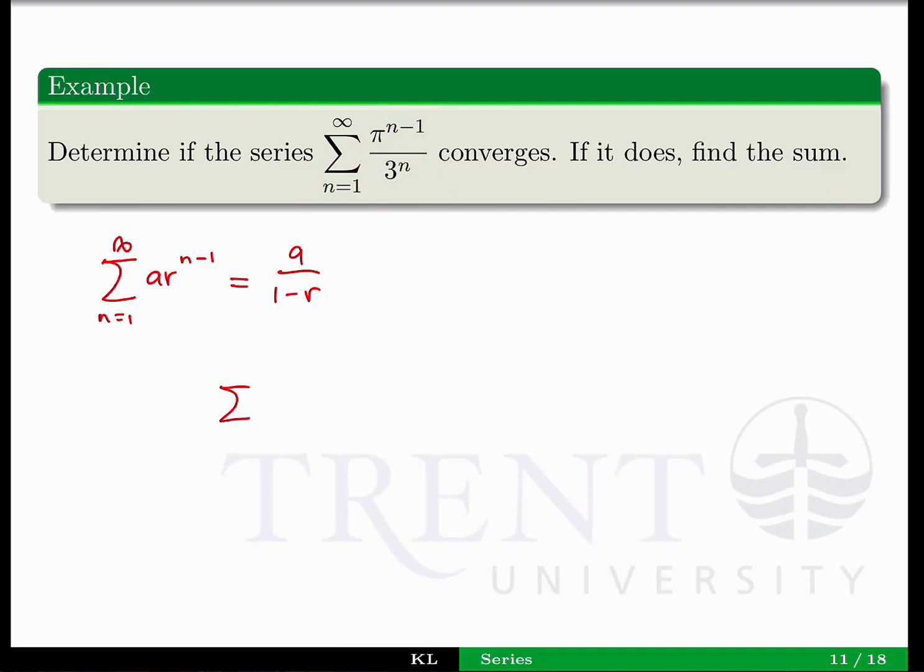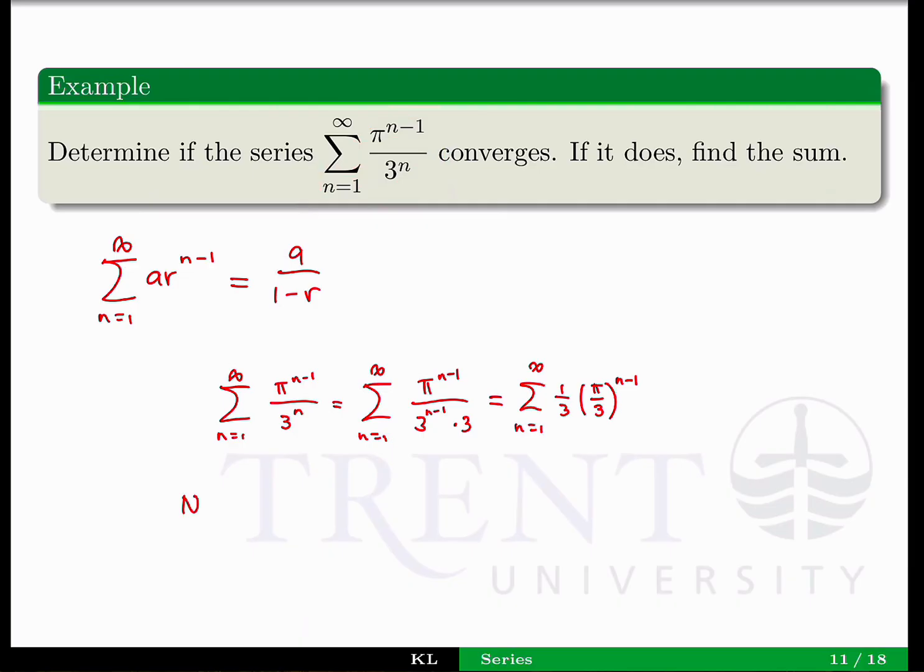What I'm saying is we can write pi to the n minus 1 over 3 to the n, from 1 up to plus infinity as sum here, pi to the n minus 1 over 3 to the n minus 1 times 3, from 1 up to plus infinity. Or we can write this as the sum from 1 up to plus infinity of 1/3 times pi over 3 raised to n minus 1.